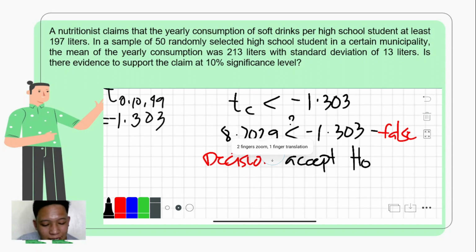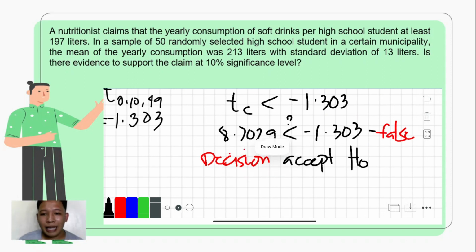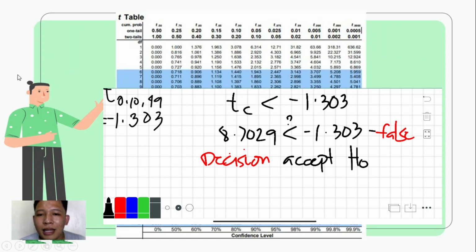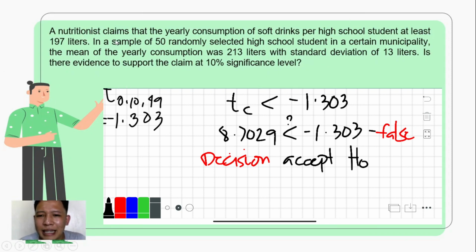Hence, we say that there is enough evidence to support the claim that the consumption of soft drinks per high school student is at least 197 liters at 10% significance level. Alright, so that's how we test our hypothesis.